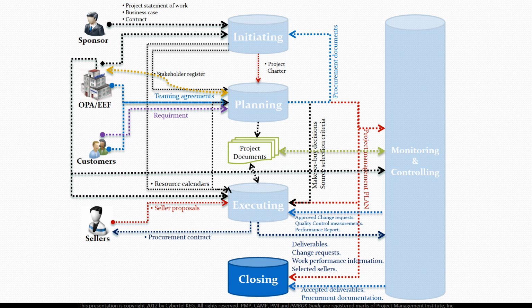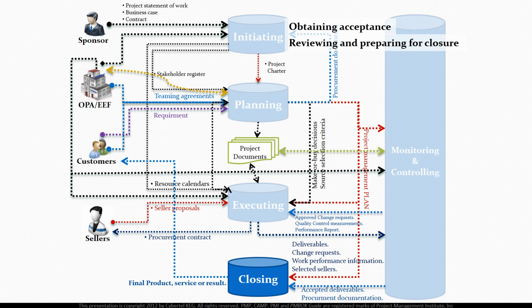The nature of the work effort in the closing process group is done by obtaining acceptance by the customer or the sponsor to formally close the project or phase, and then reviewing and preparing for the closure of all activities. And if some processes were changed or tailored, we should record the impact of this change or tailoring.